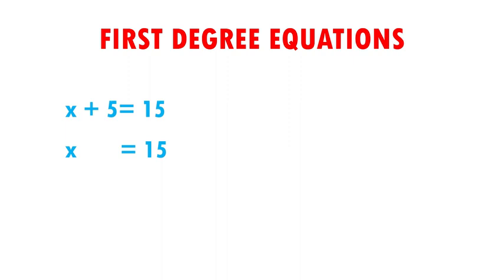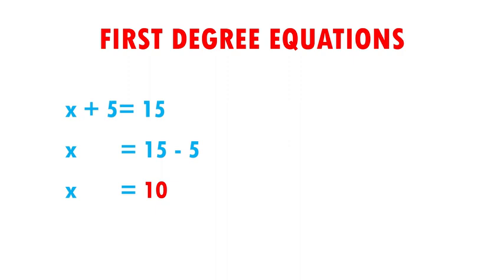This plus 5 is adding, so it passes to the other side of the equal sign, doing the opposite of adding, which is subtracting. Therefore, it remains as negative 5. When doing the operation, we have that x is equal to 10.